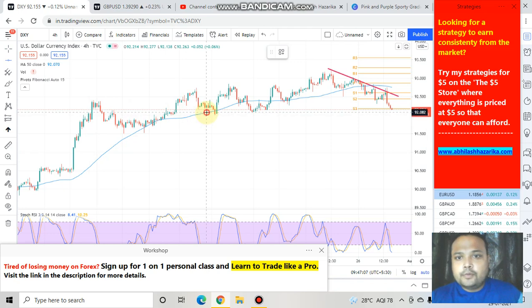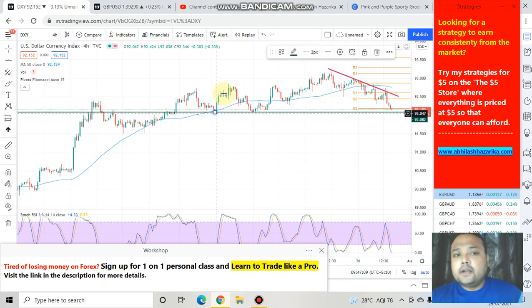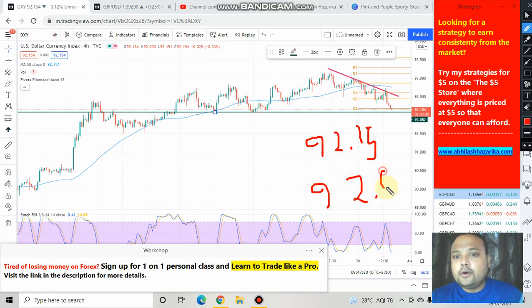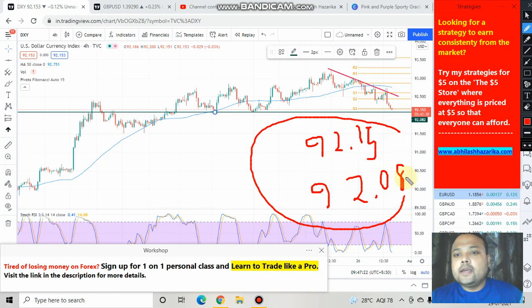We can hope that this particular level, 92.08, may provide support to the market. Right now it's trading at 92.15, and we have support at 92.08. In case it goes up, there is a possibility that the US dollar will again face resistance at this trend line.